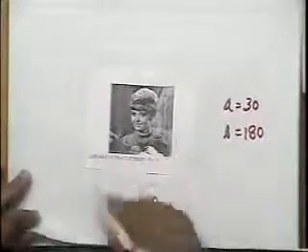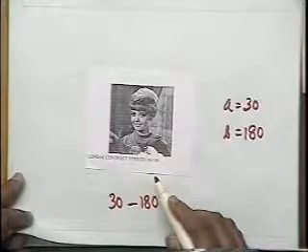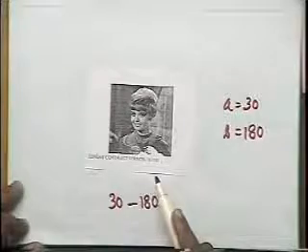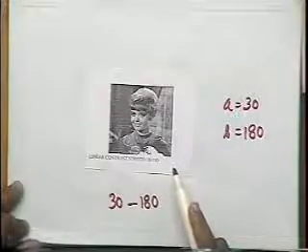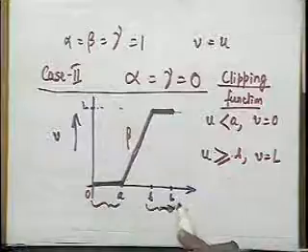This was the original, and this is the image that we get after carrying out the linear contrast stretch. So clearly you can see that there is definitely some improvement in the contrast of this image. Now we had considered some more special cases of this one.